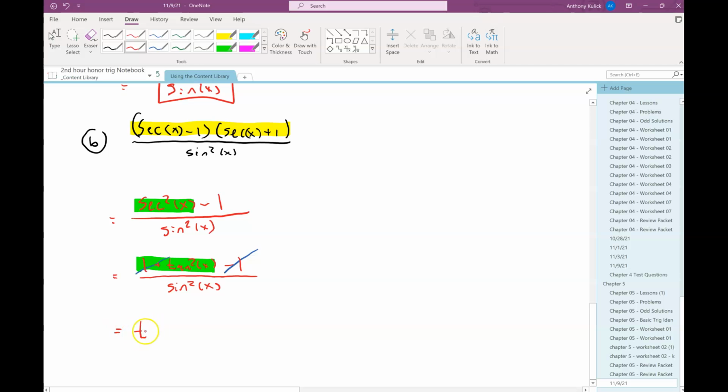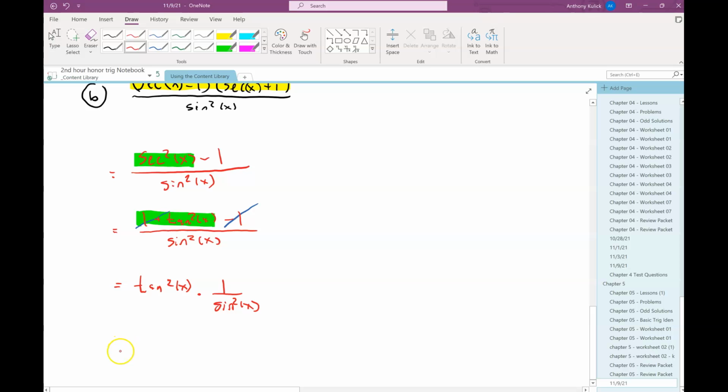So what I would do next is I'm going to think about this fraction as tangent squared x times 1 over sine squared. And the reason I want to do that is because I'm going to rewrite tangent squared as sine squared over cosine squared.